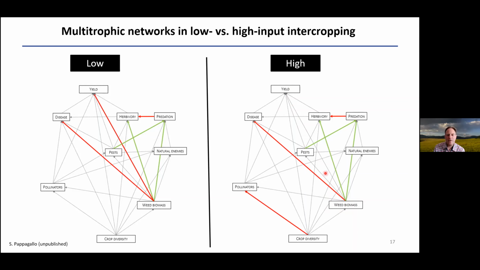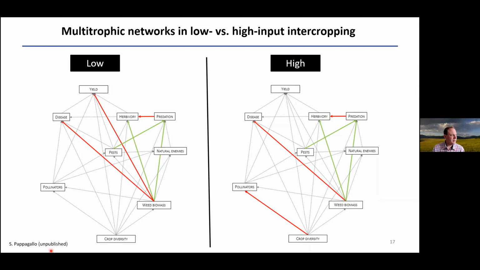And you get some other internal things happening here. So organisms interact with one another, but independently of yield. So this again shows that in this system, it may be possible to attain high yields, but still have biodiversity in the system and to do crop diversification.